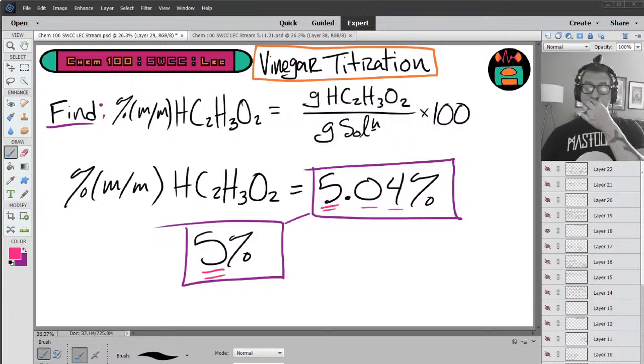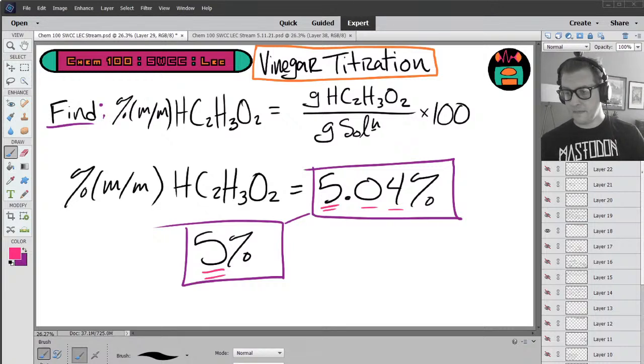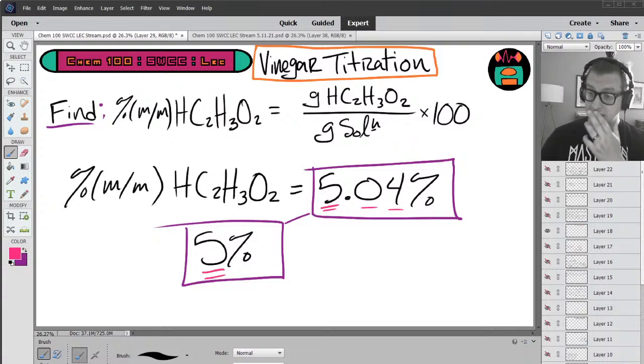All right. We only have one last topic to cover in Chapter 10. And that is the topic of buffers. But before we get there, we need to talk about acid-base strength.